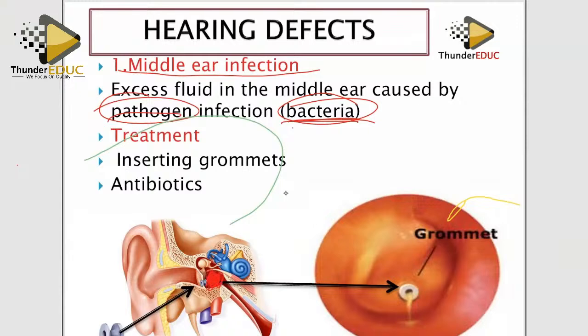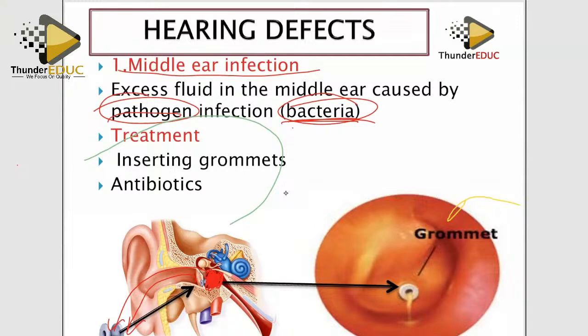Now it's going to start to come out of the ear like this, and it is smelling. I think you have ever seen such people. It is not because of dirt. No. It's because of the bacteria which is causing the inside part of it to rot, and then the pus is coming out.